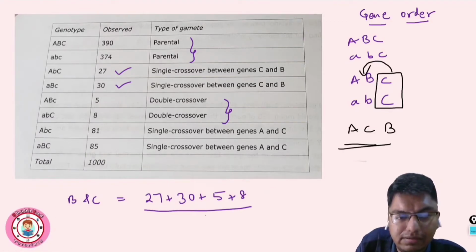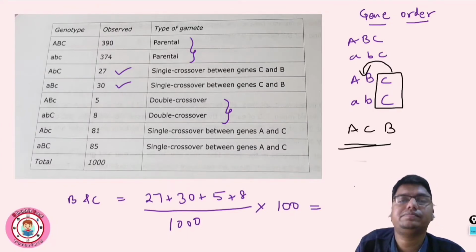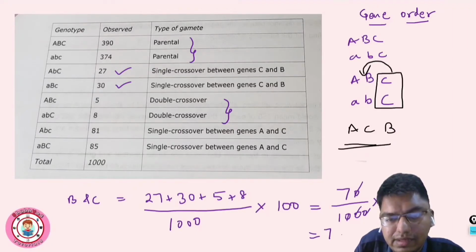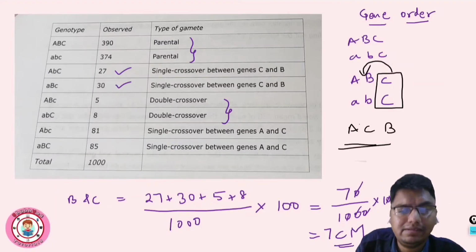Total is given as 1000. Right? So I will write here into 100 directly. So we get 70 divided by 1000 into 100. Right? So we'll cut this. So we get here 7 cM. Okay. So this is the distance between B and C.